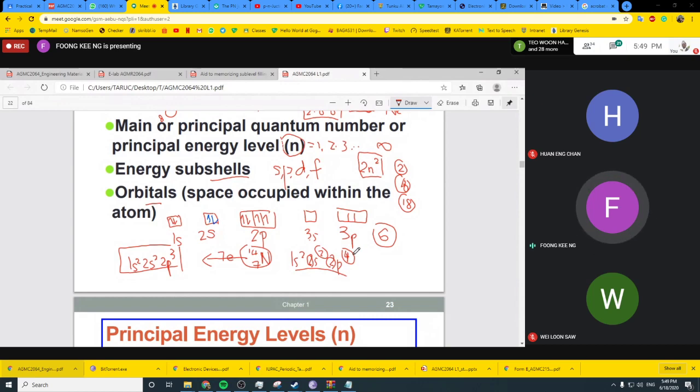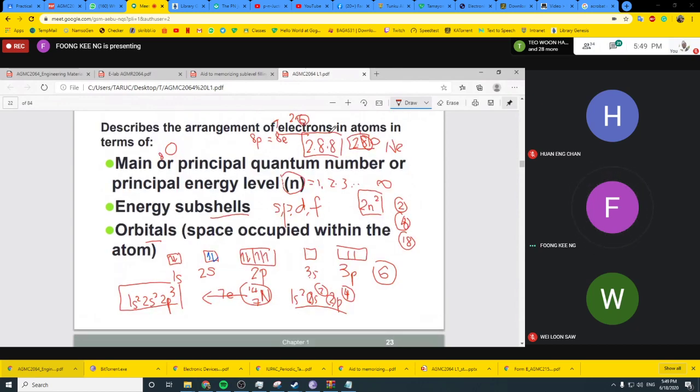That's why in your Form 5, the way your teacher taught you is not wrong, it's right at that level at the time. But if you go to a higher level, you have to know that this is better to explain why some materials behave differently: they can transfer energy, some can conduct electricity, and some have good thermal conductivity. So this all comes from where?